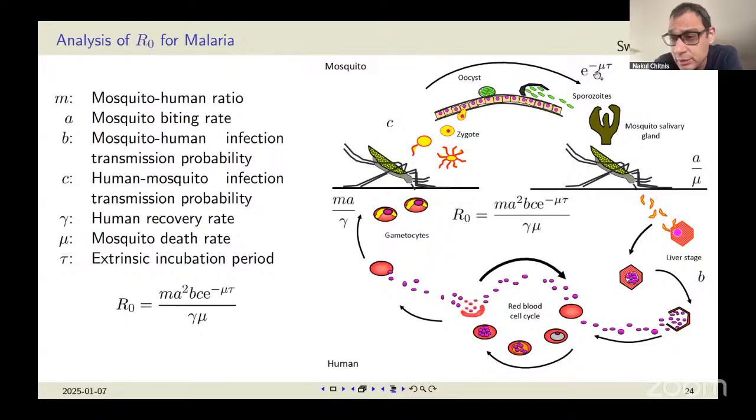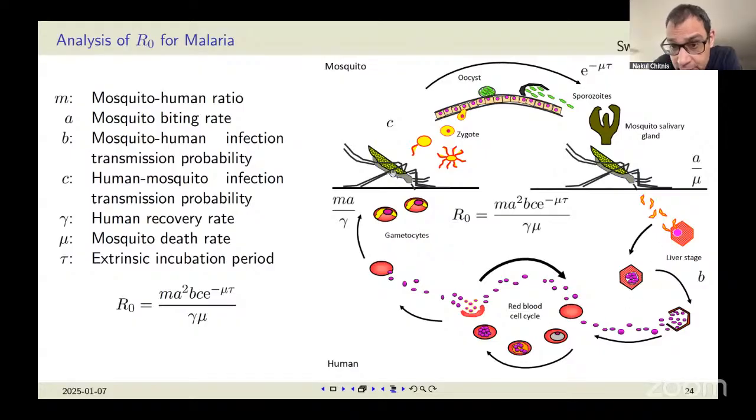Mu is the mosquito mortality rate. Tau is how long it takes a mosquito to become infectious once it's infected. So e to the negative mu tau is the probability that an infected mosquito lives long enough to become infectious. And then again, A is the biting rate of the mosquito, and mu is the mortality rate, so A over mu is how many infectious bites a mosquito is expected to have over time.